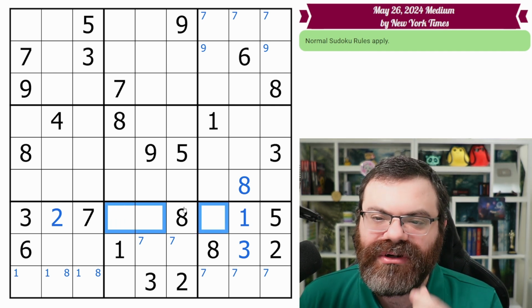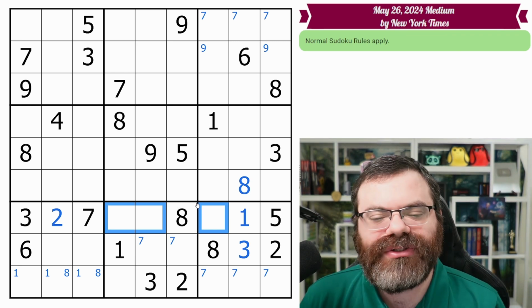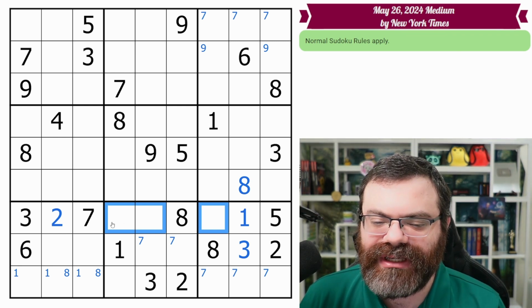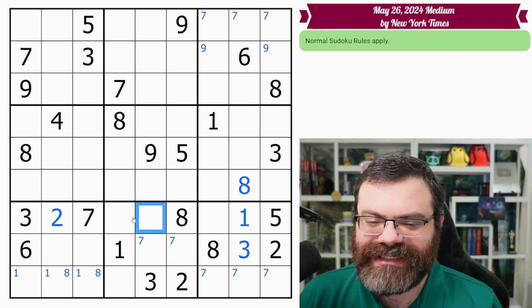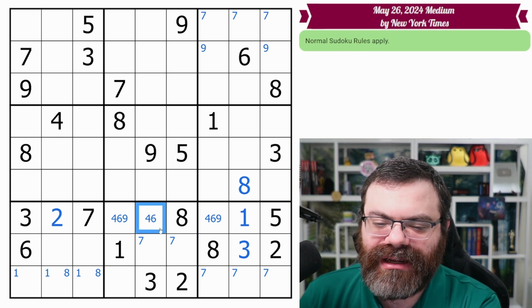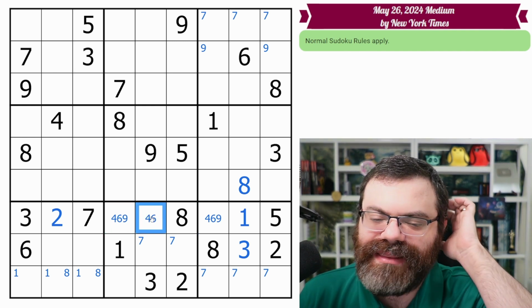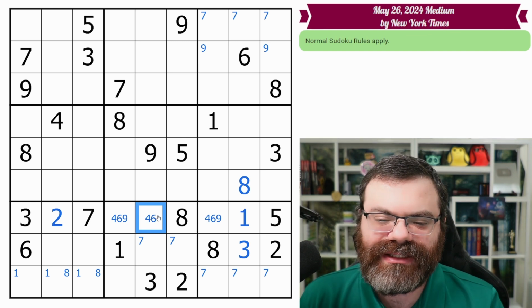Now we want to remember that these cells were reduced to 4, 6, 9, but our corner marks are already used as a box-centric thing, and these aren't related to boxes. This is related to individual cells. So we're going to use center mark for that, 4, 6, 9. This can't be 9. And what the center mark means is this is the list of digits that are still possible to be placed in this cell.